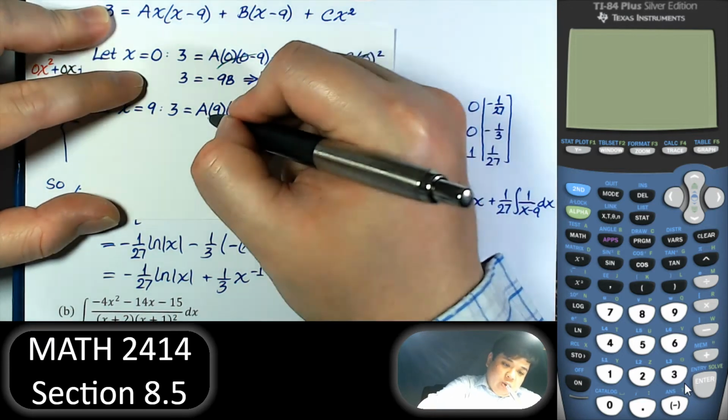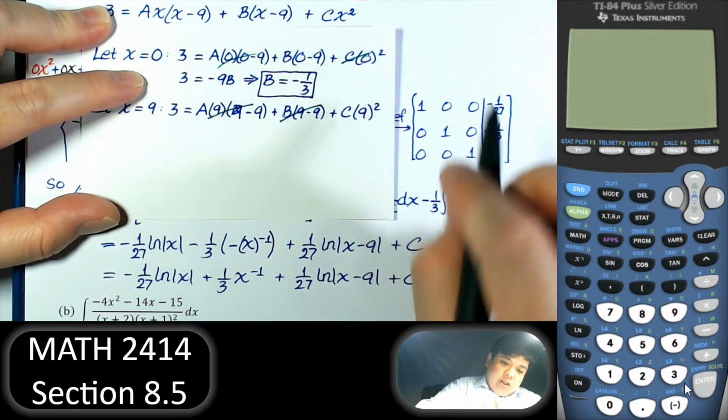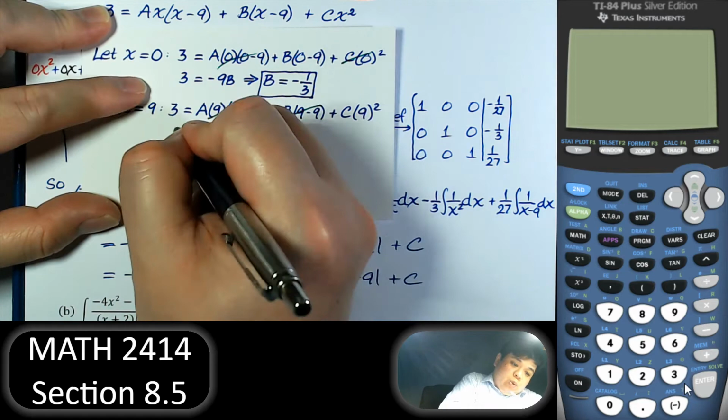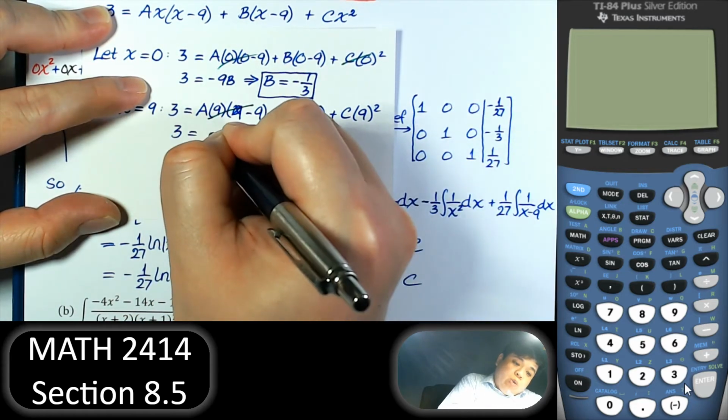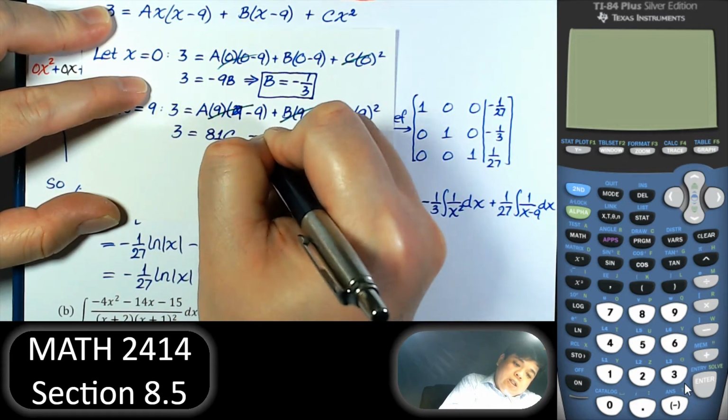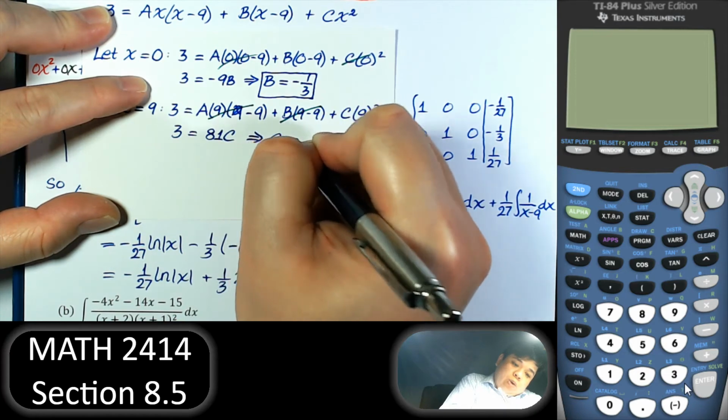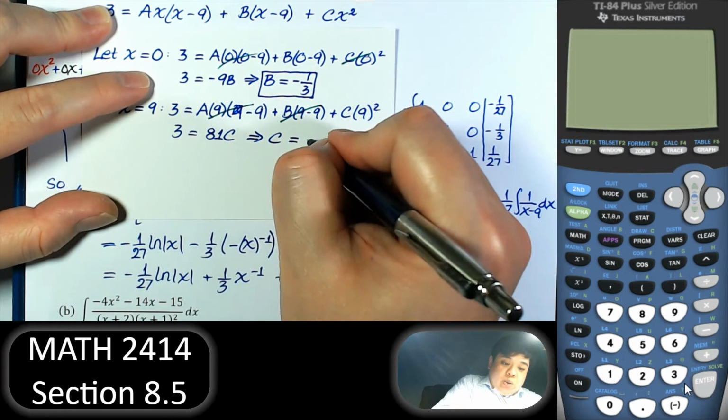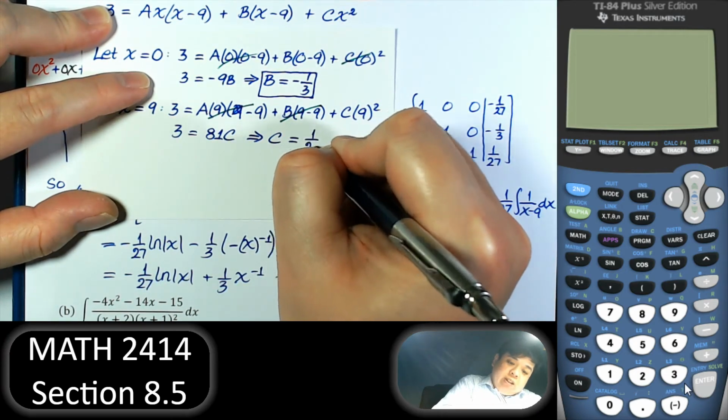So this one goes to 0, this one goes to 0, and we have 3 equal to 9 squared, which is 81c. So c equal to 3 over 81. So c is equal to 1 over 27.